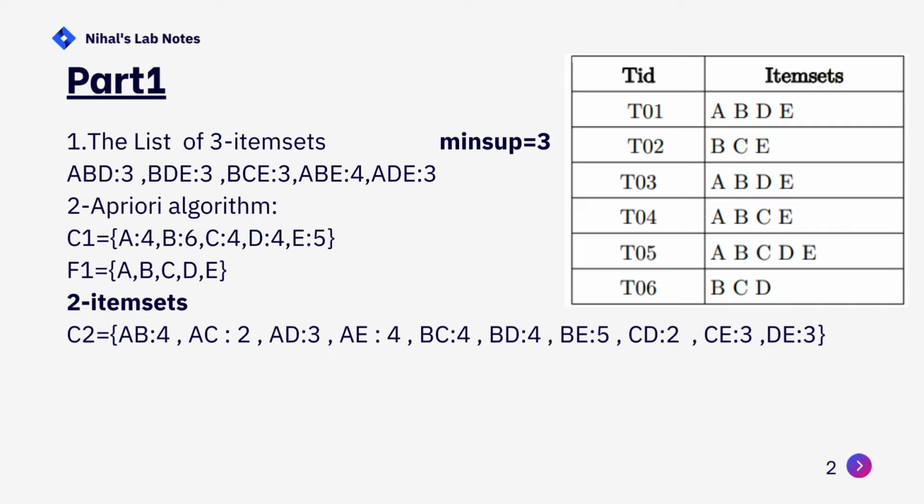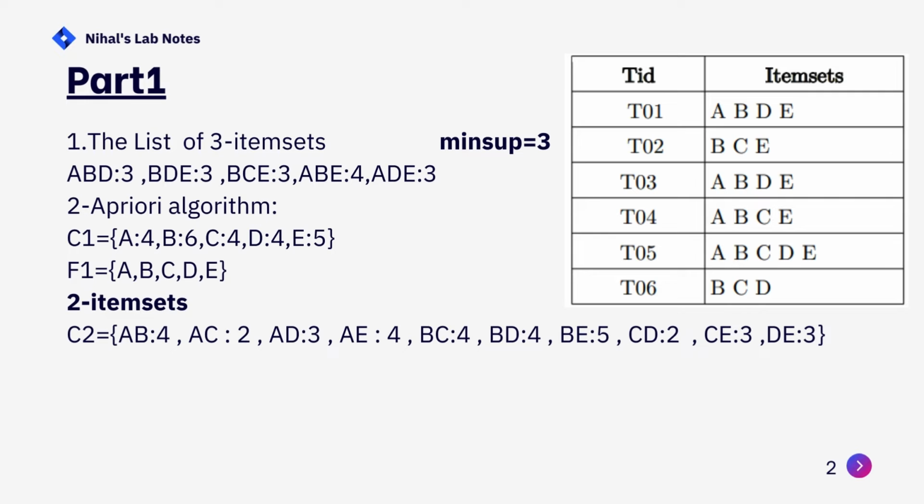For AE, it appears in transaction 1, 2, not 2, sorry, 3, 4, and 5. So support equal to 4. For BC, it appears in transaction 2, then 4, 5, and 6.